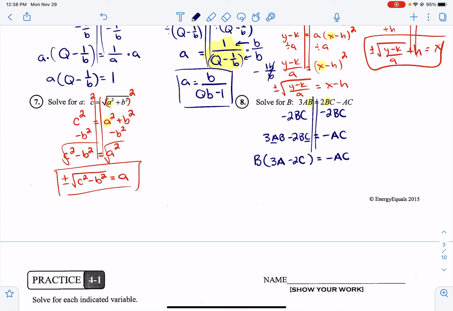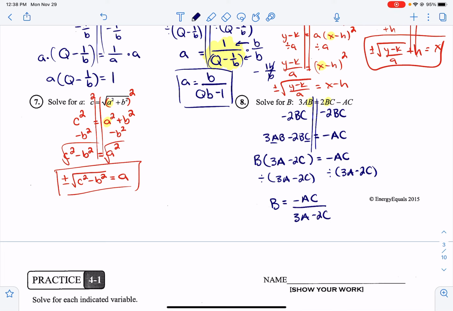Now to get B alone, I'm just going to divide by that entire parenthesis. Divide by 3A minus 2C. So big B equals negative AC divided by 3A minus 2C.